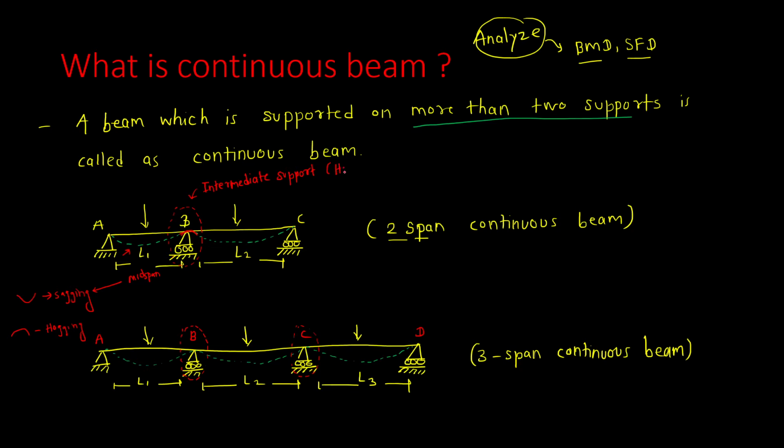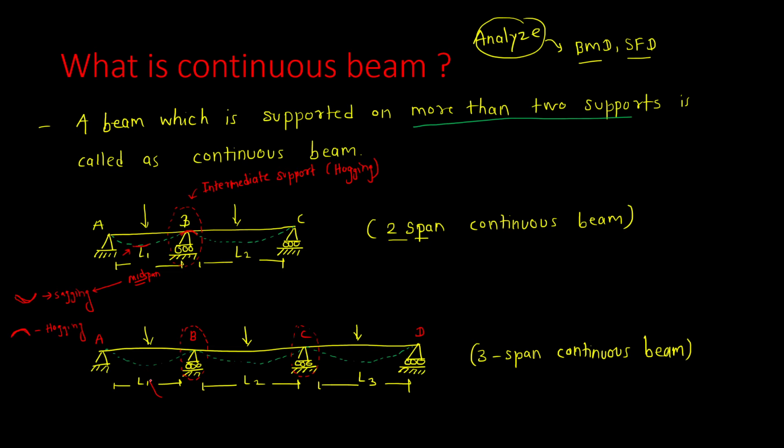There is a hogging bending moment. Just by looking at the deflected shape, you can say that at the midspan the moment has the curvature of sagging, and at the intermediate support it has the curvature of hogging.